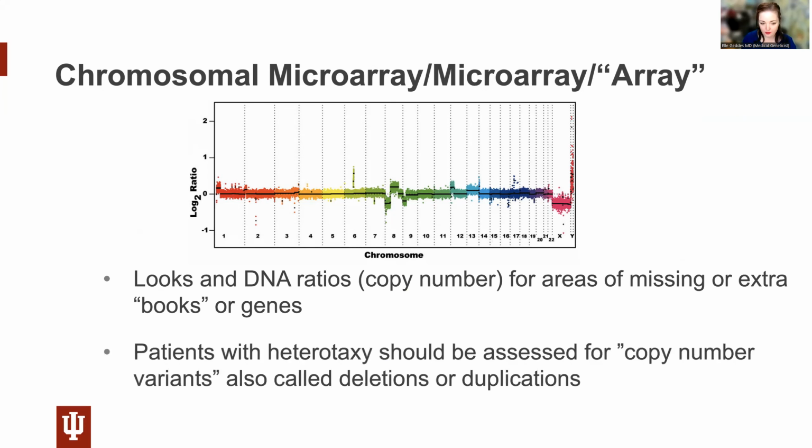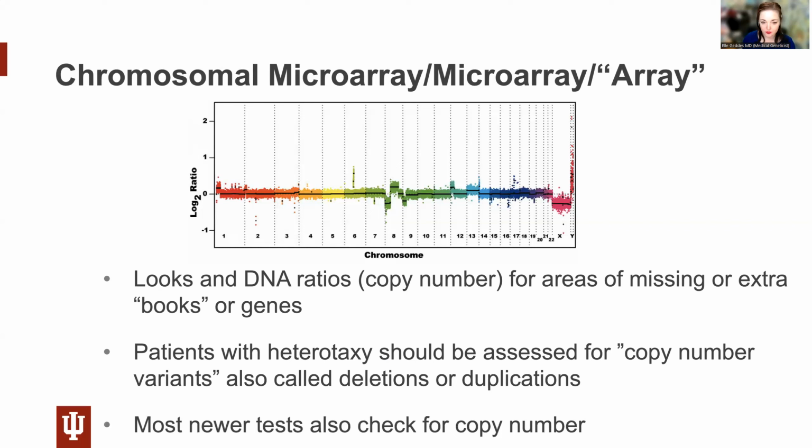And so patients with heterotaxy should be assessed for if they have copy number variants or deletions or duplications or missing or extra pieces. But currently there are lots of other tests other than microarrays that can also give us an idea of copy number. So you don't necessarily have to have a microarray to tell if you have copy number variants.